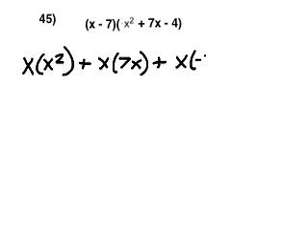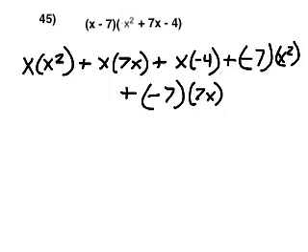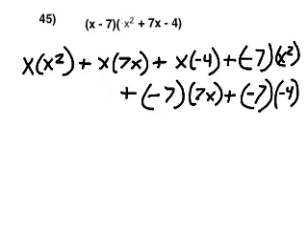And then we're going to do the negative 7 times x squared, plus negative 7 times 7x, plus negative 7 times negative 4. Okay, and then we have to solve each of these products.